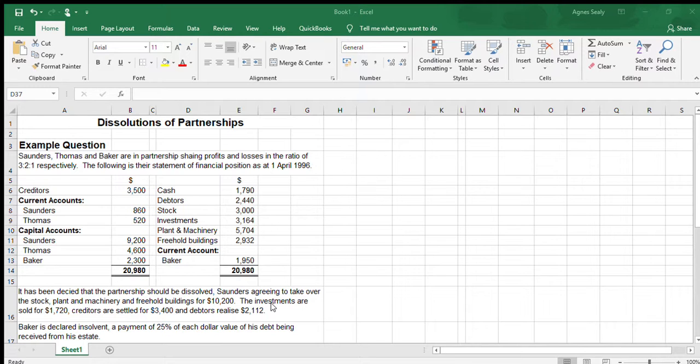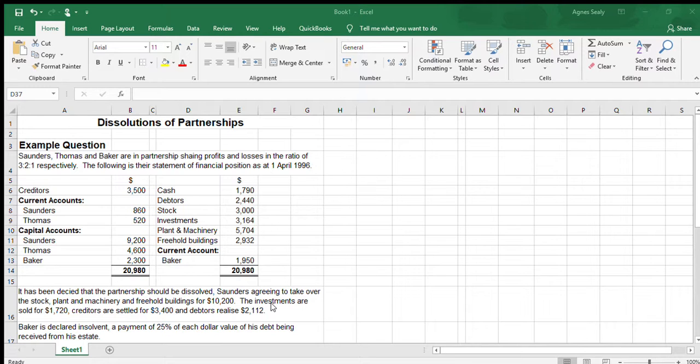And if the partner has a debit balance, which signals that the partner has actually withdrawn more from the partnership than they should have, and they owe the partnership some money, that amount is transferred to the debit side of their capital account. Now, at the end, when we have completed the capital account for the partner, that capital account is usually closed.